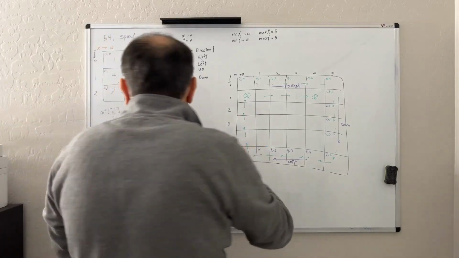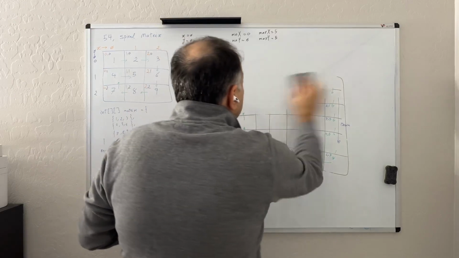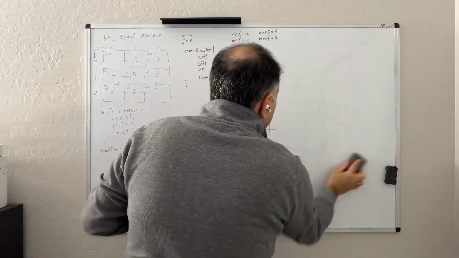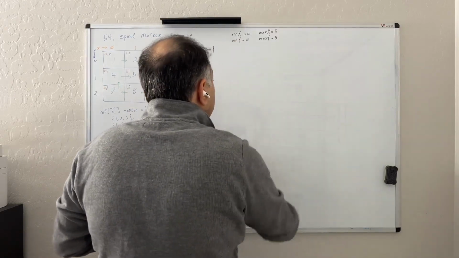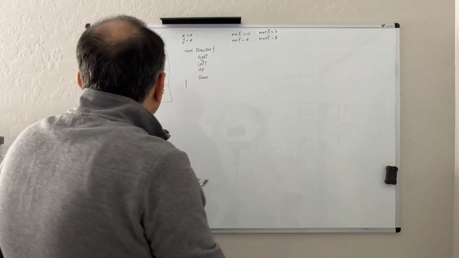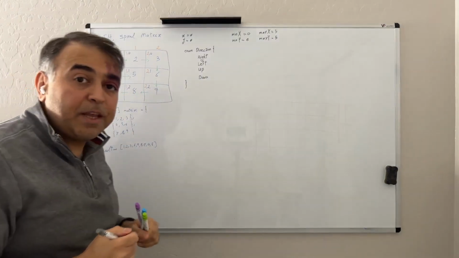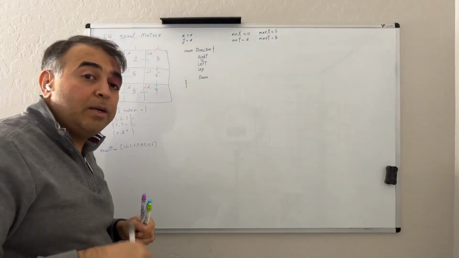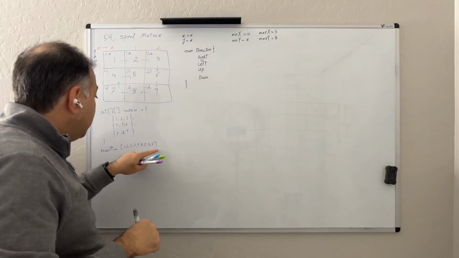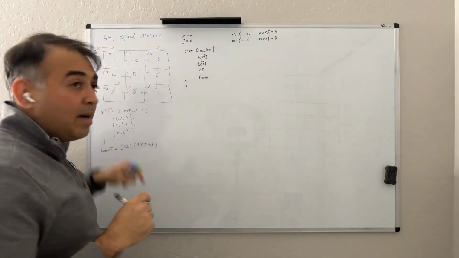So let's clean the board and start talking about how we want to implement this solution. We know that we have an array here. The array has two dimensions. So the result will contain all elements that we have in this array.